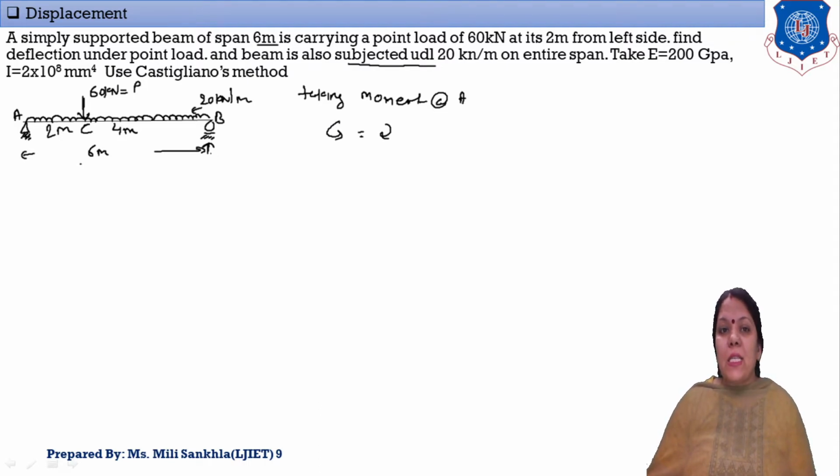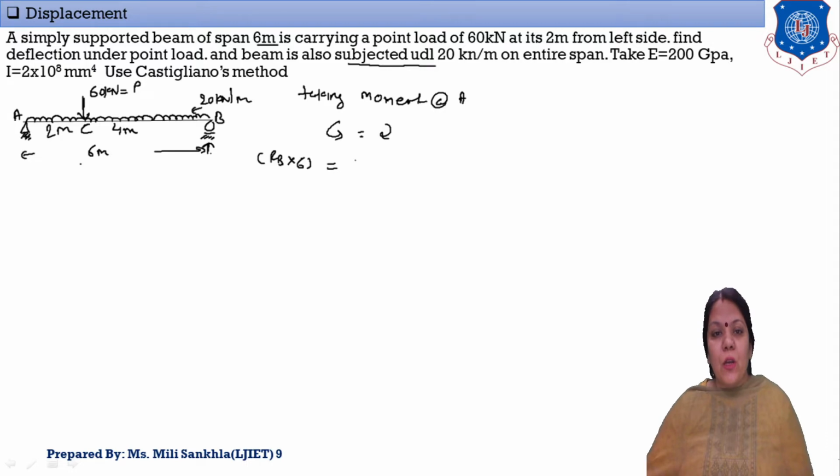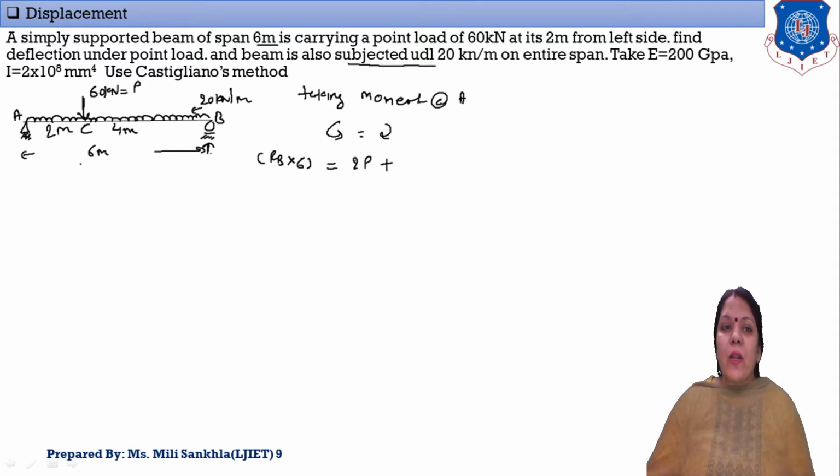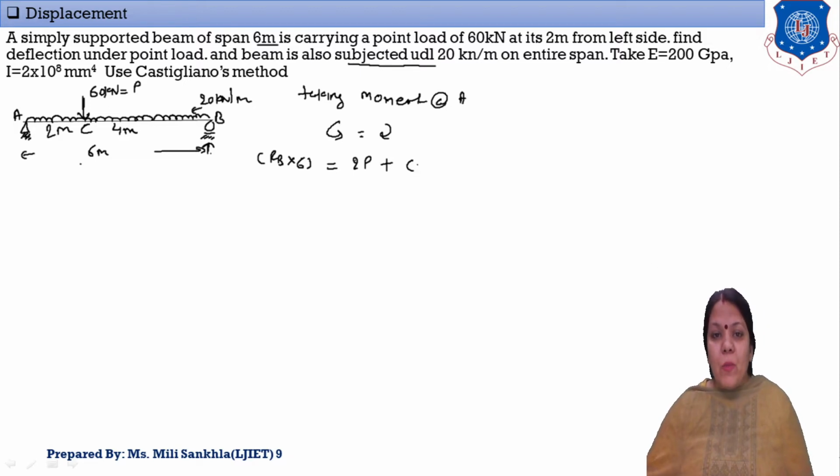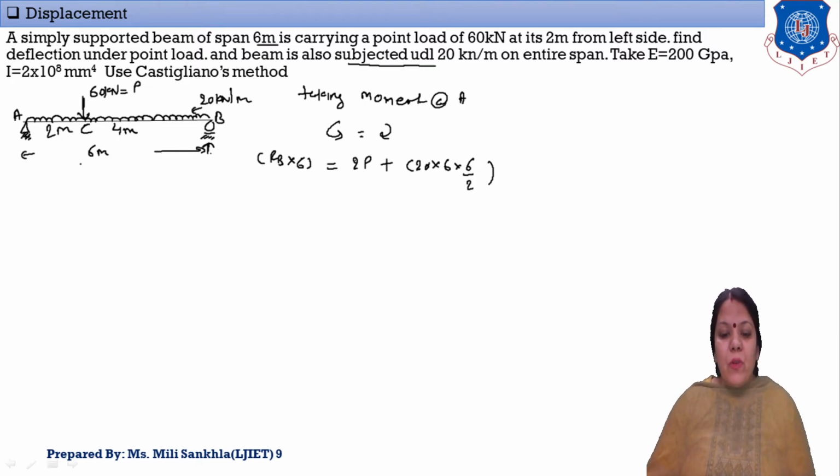RB into distance 6 meter, so RB into 6, equals the 60 kilonewton load, which we assume as P, rotating clockwise, 2P, plus the UDL on the entire span, 20 into 6 and 6 by 2. After simplification, RB is equal to 60 plus 1/3 of P.